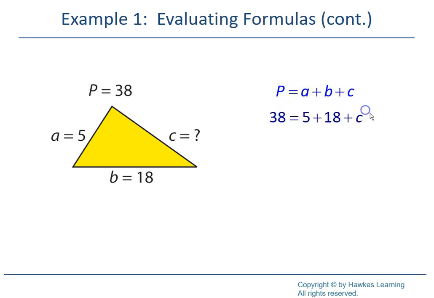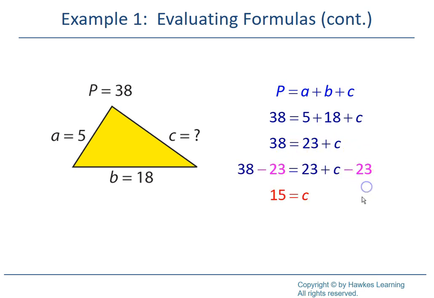We're just going to subtract 23 from both sides, and that will give us our third side, which is 15. So I don't know if you're familiar with the perimeter formula of a triangle. It's pretty straightforward. If you were an ant crawling around the edge, that would be the perimeter, and it would be the sum of the three sides.